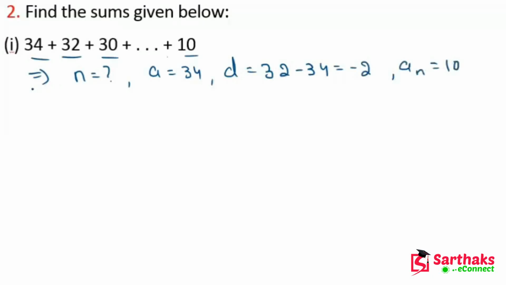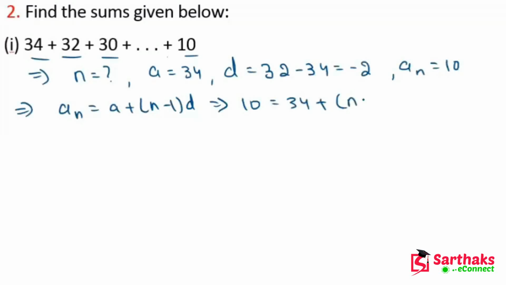Now first of all we have to find n, so that we can find the sum of the series. How can we find n? We know the formula of an, which is a plus n minus 1 into d. An is 10, a is 34, n we don't know, and d is minus 2.